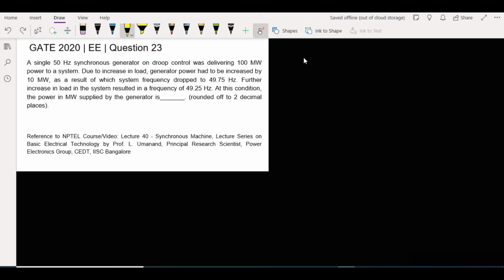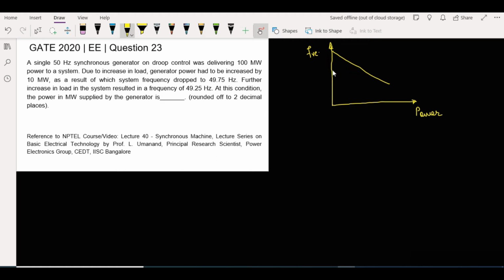Now let us solve this problem. So the generator is supplying 100 megawatt power at 50 hertz frequency, right? So if now I plot the curve between, say, power and frequency, I'll say this is the curve which I get, right?